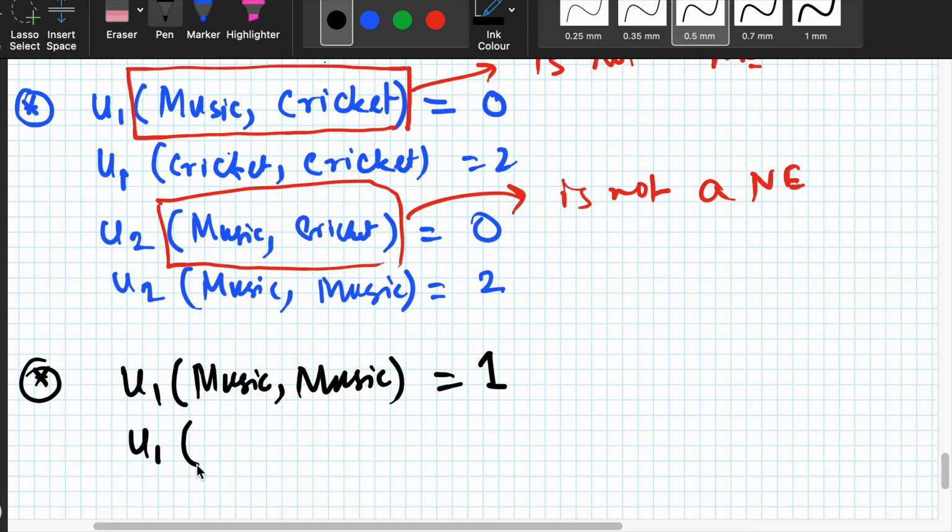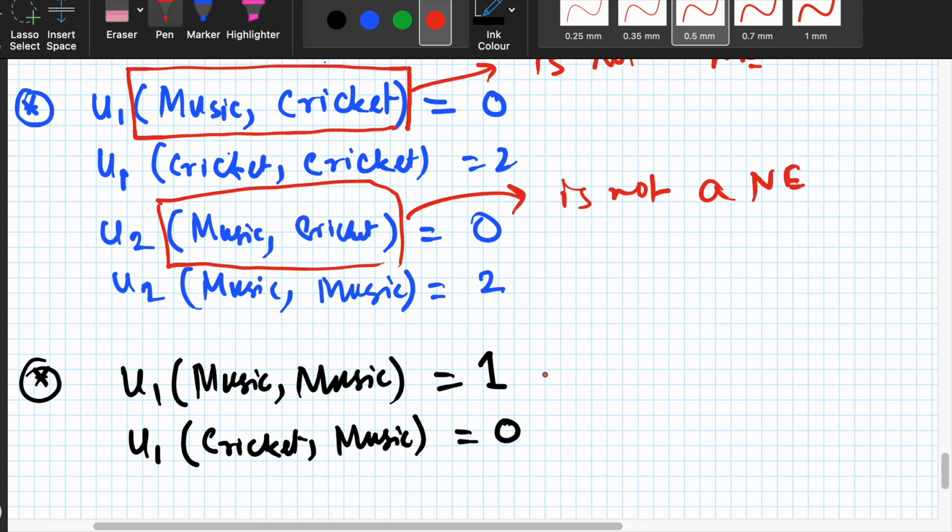But if he changes his strategy from music to a cricket match, he will get a payoff of 0. So by changing from music to cricket, when the other player sticks to music, player 1 cannot do better.